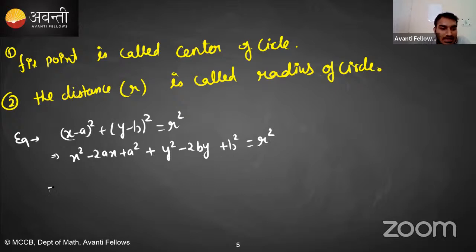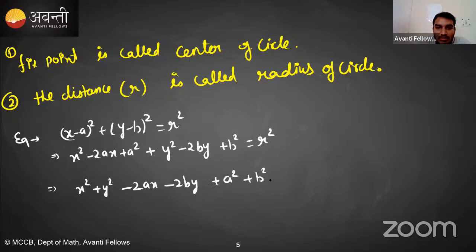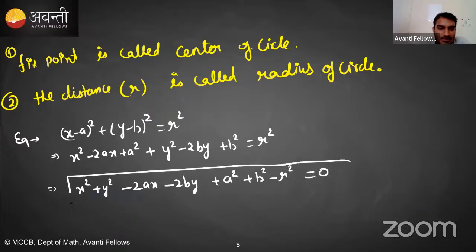So this can be written as x square plus y square minus 2ax minus 2by plus a square plus b square minus r square is equal to 0. Is this clear, everyone?